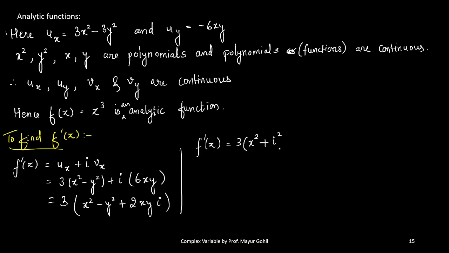Minus y square is the same as minus 1 multiplied by y square, and this minus 1 can be treated as i square times y square. Okay, so this is what you get. So i square times y square plus 2xyi, this is what we get.